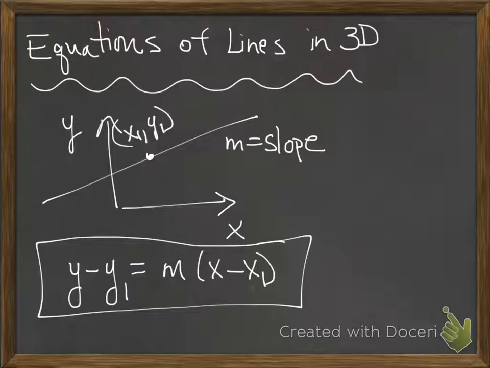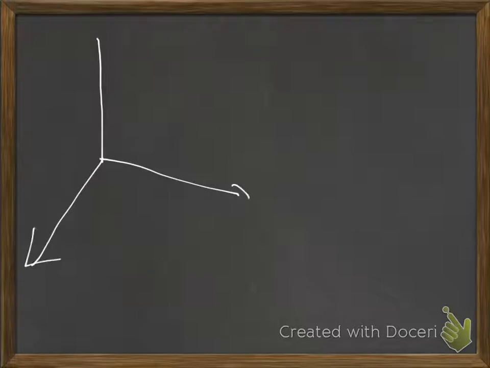Alright, we want to extend this idea for lines in 3-space. So I'm going to clear my board so we have a fresh space to work with. So let's draw a pretty big three-dimensional coordinate space. So that's x, that's y, and there's z.